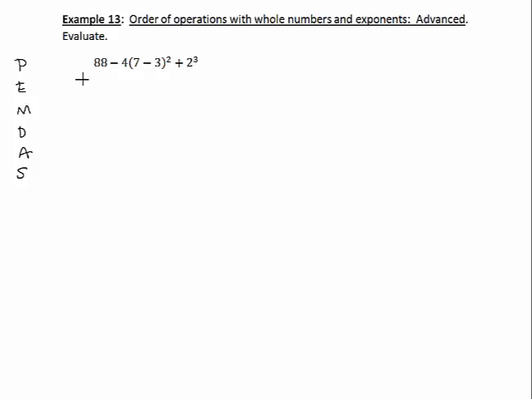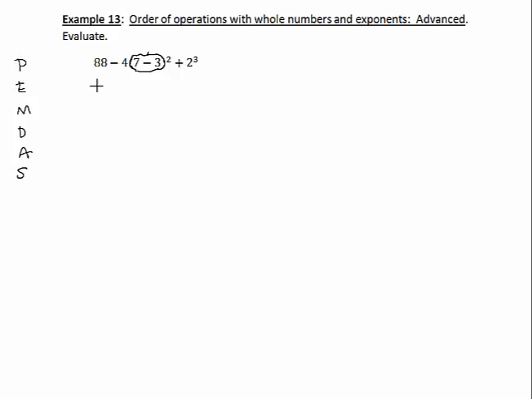So I'm going to go down line by line by line, doing a little bit in between each line until we get a single number. The first thing I'm going to do is this. Inside the parentheses, we do all of those operations first, according to the order of operations.